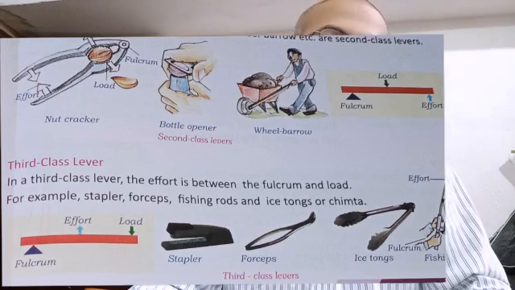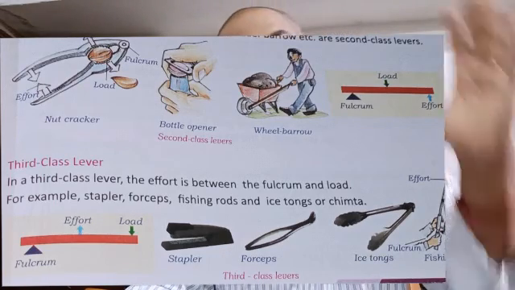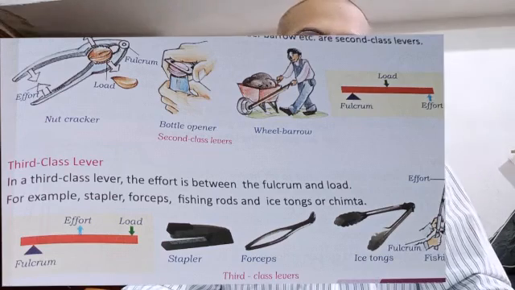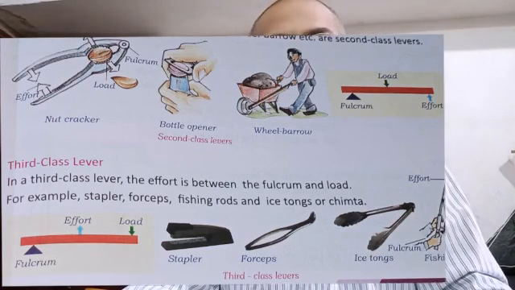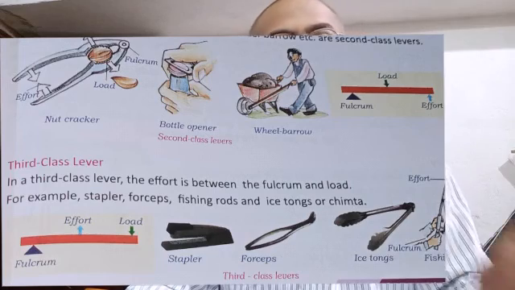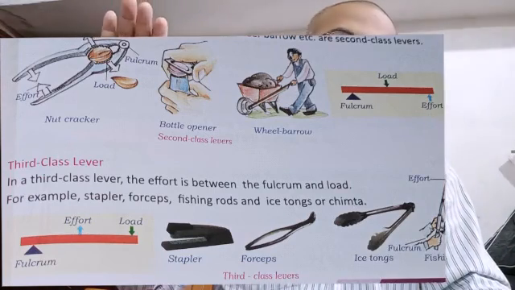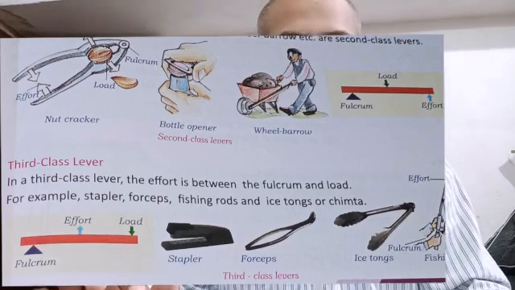A ramp, wooden planks, slides, roads going uphill. These are the examples of inclined plane, which help heavy loads to move upside.